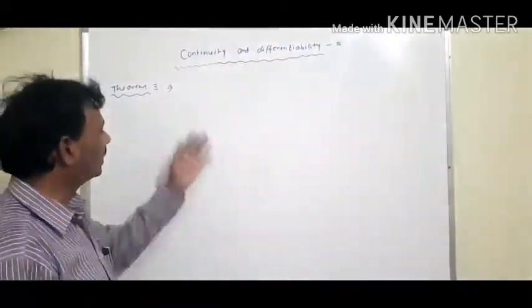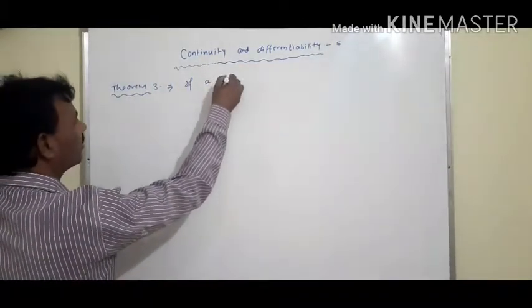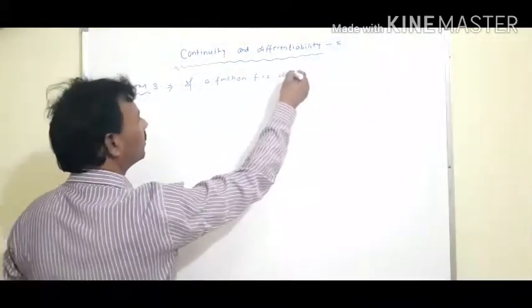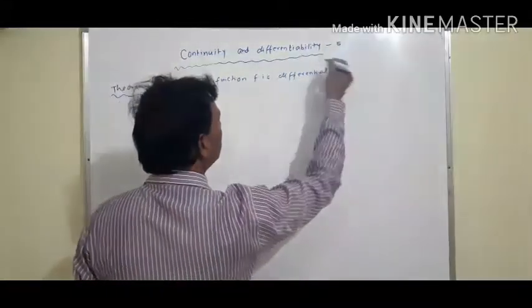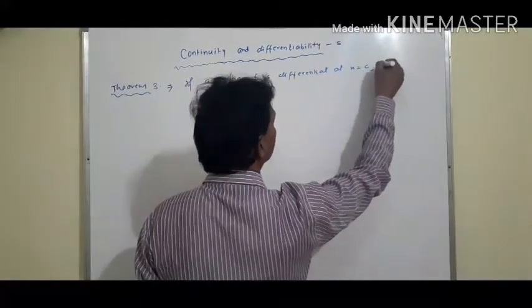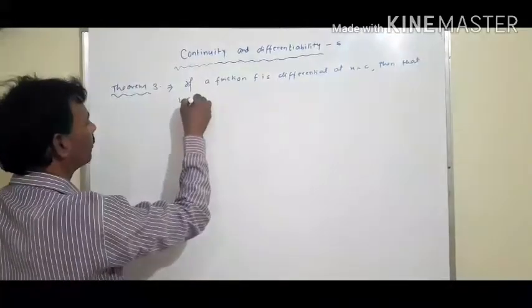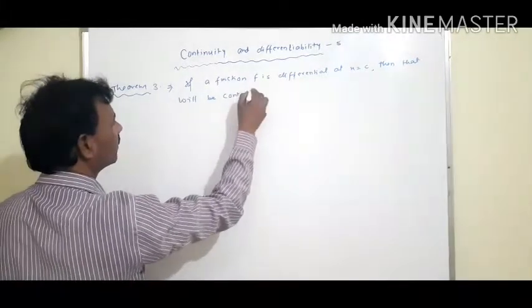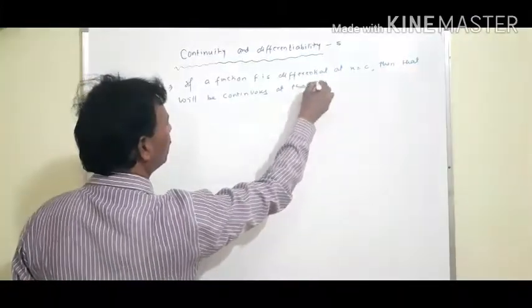The statement of this theorem is: if a function f is differentiable at x equal to c, then it will be continuous at that point.